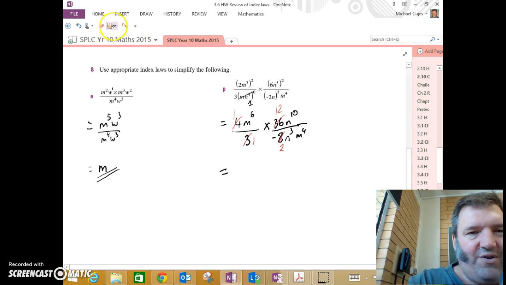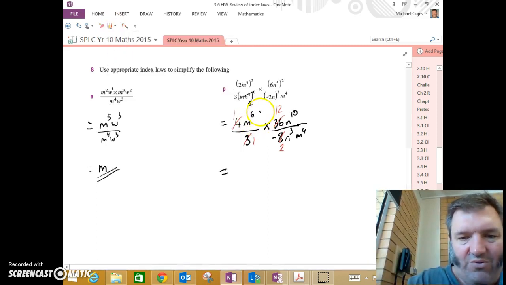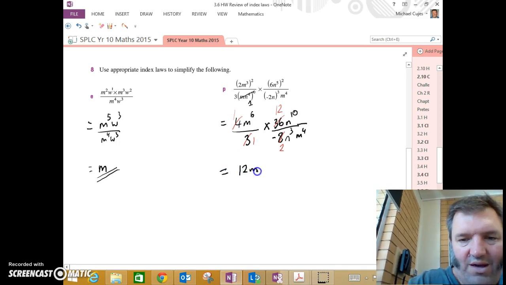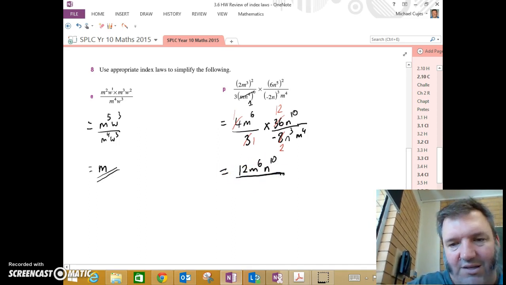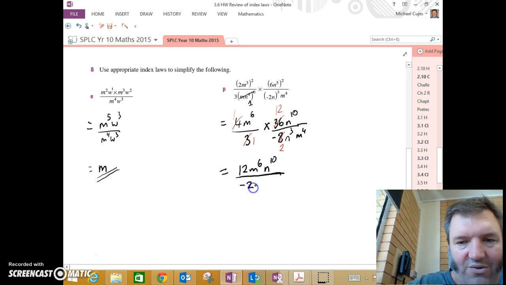Now I'm just going to simplify across before I simplify those thirds. Just multiply across first. So 1 by 12, I'm going to have 12 m to the power of 6 n to the power of 10. You could have simplified the m's and the n's as well, but I'm just going to do it in 2 steps. 1 by negative 2, so I've got negative 2 here, n cubed, m to the power of 4. You can see I was a bit lazy.